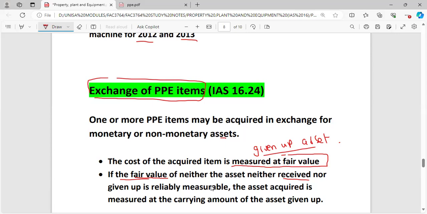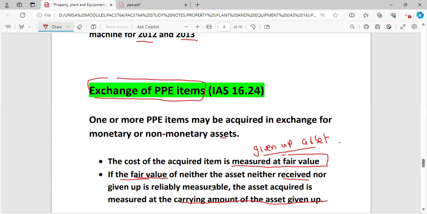If the question says the fair value of neither the asset received nor given up can be measured, then you are going to measure it using the carrying amount of the asset given up. So these are the two criteria if there is an exchange of PPE items.